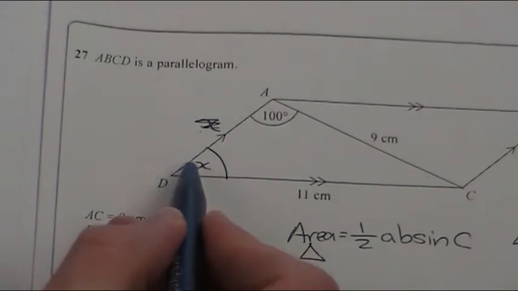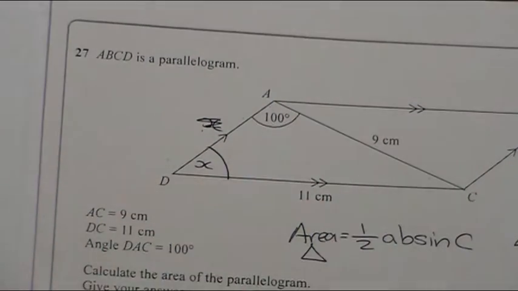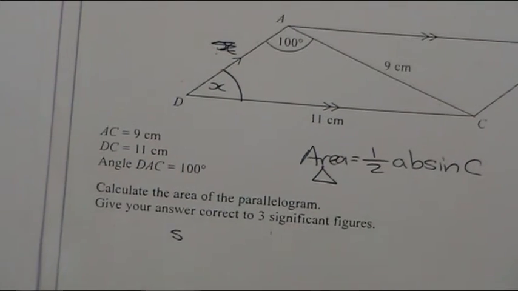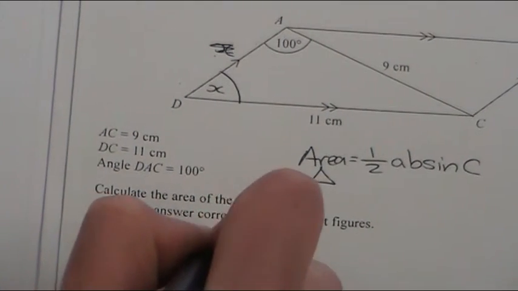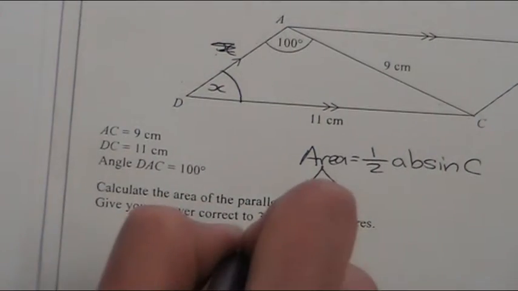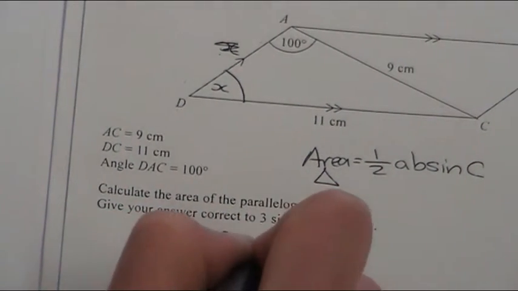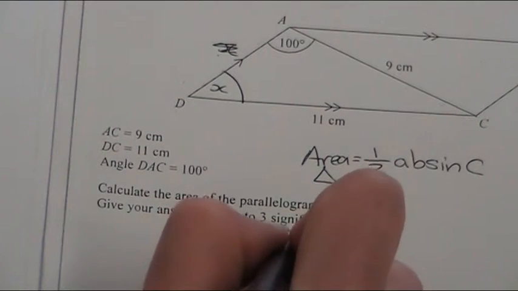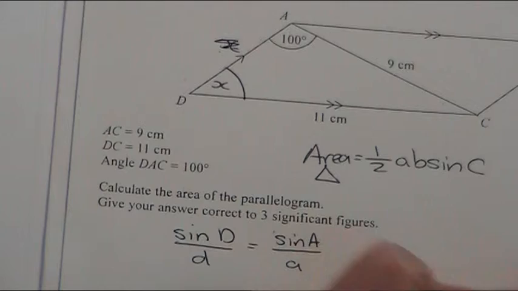So I'm going to find this angle using the sine rule. So I'm going to write sine of D, this is D here, over little d, is the sine of A, because that's the other angle I have, over little a, and pop the numbers in.